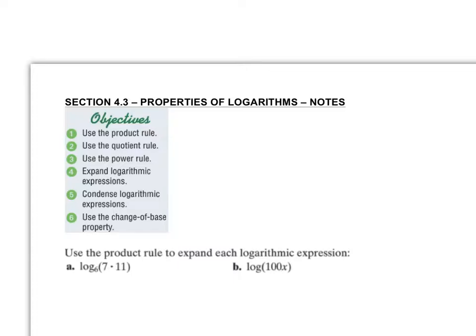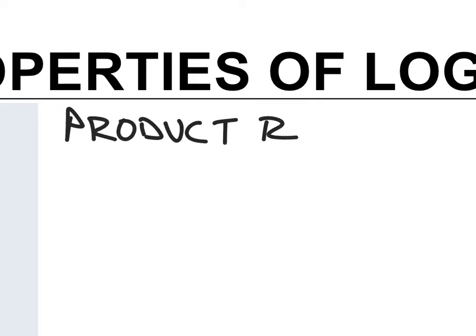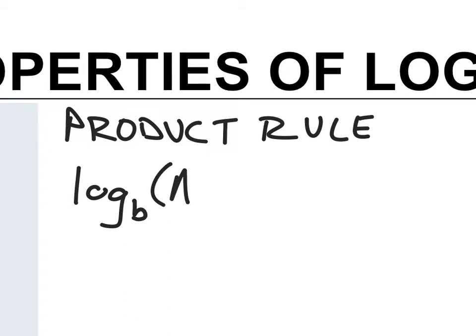So let's talk about the product rule first. Let me come up here. All right, so we've got the product rule, and what that means is if I have a log base b of, say, some number a times c, then what I can do is expand this out.